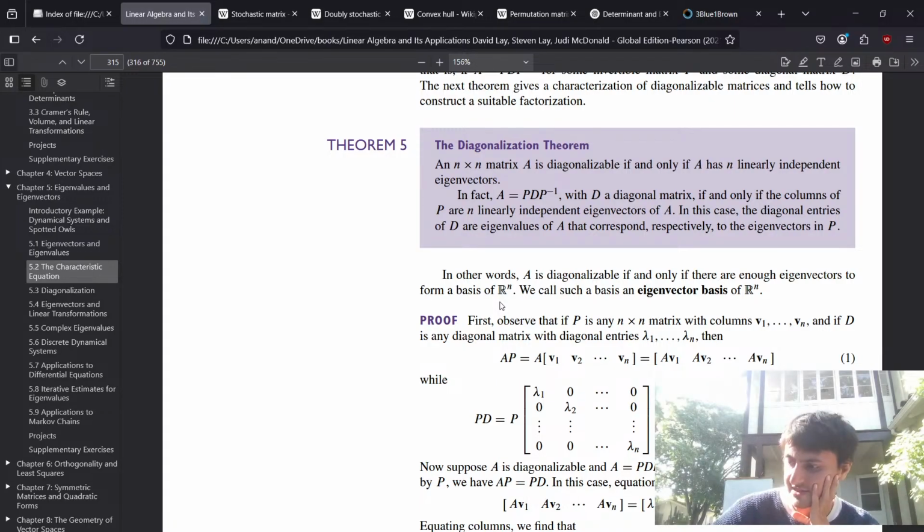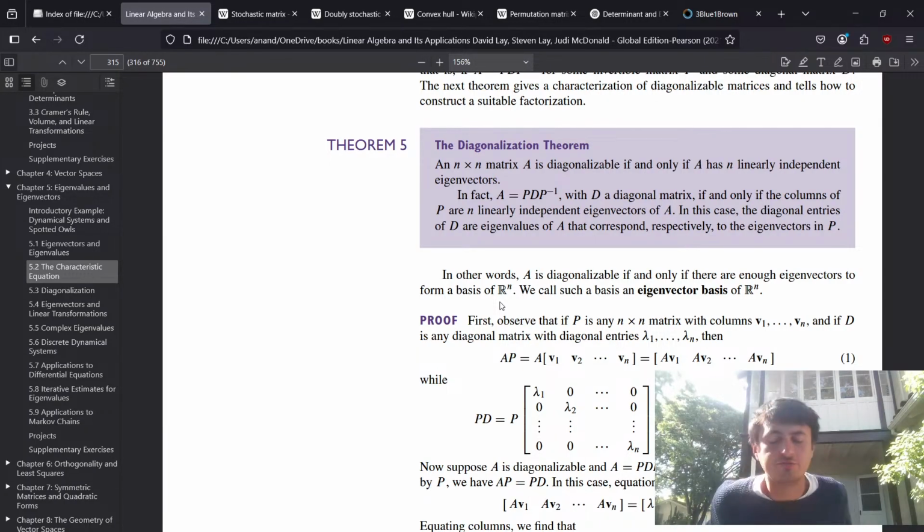And what that means is we call it an eigenvector basis. A basis is just a set of vectors where you can reach any point in your plane with the smallest number of vectors possible.